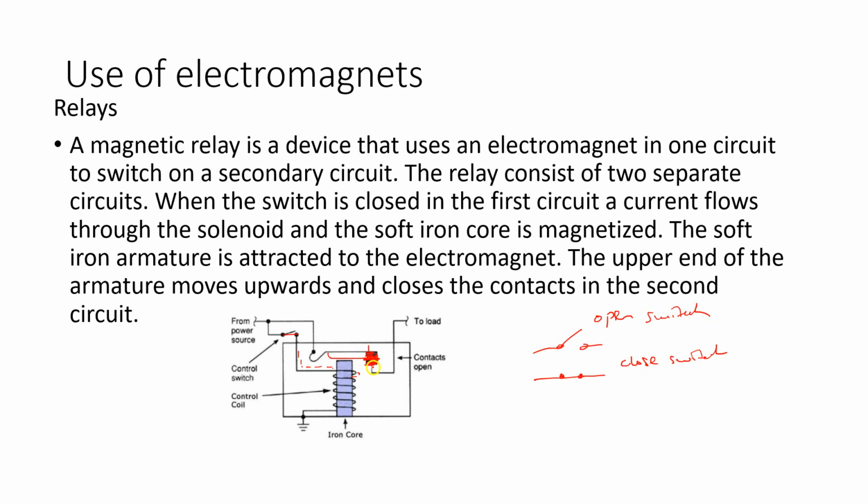So whenever that occurs, you can now see that current will be able to flow through this wire and can actually do something else. So the way a car starts, it uses the same procedure. When you turn over the key in the engine, right? I wish I had the picture to show you. But whenever you turn over the key, what you're actually doing is causing this solenoid to become magnetized.